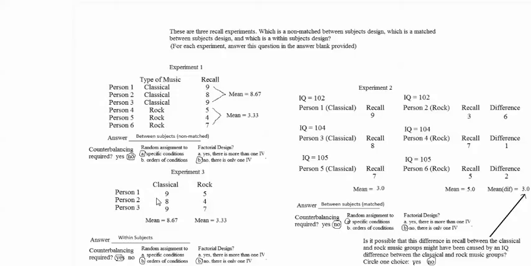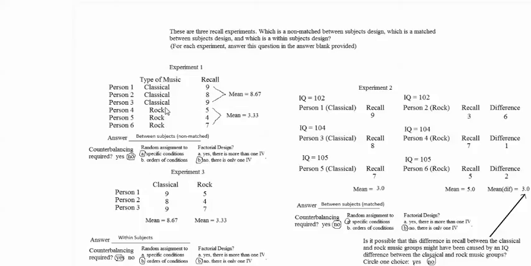Person 2 was also tested one time while listening to classical music and one time while listening to rock music. So each person was tested at 2 separate times, one time with one music and the other time with the other music. This would be called the within subjects design.